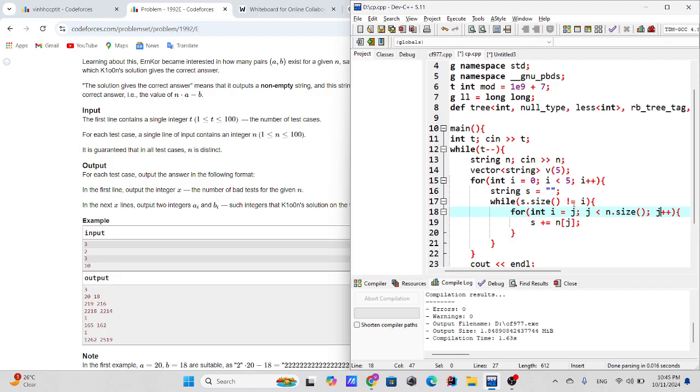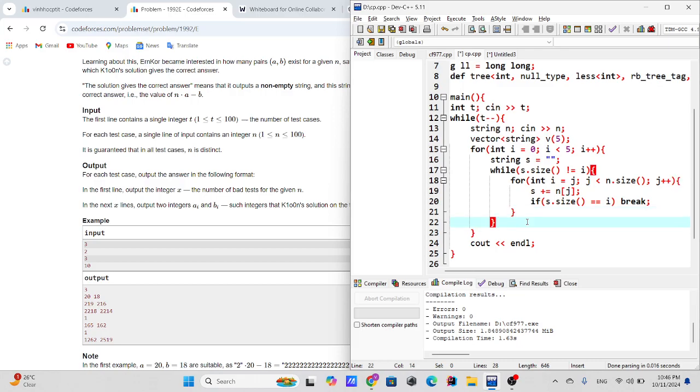If s size is equal to e, then break here. Yeah. v e will be s. Okay, that might be enough, right? Let me check if this is enough.